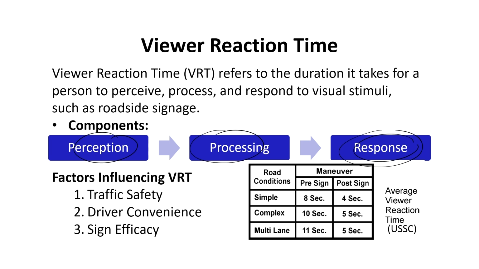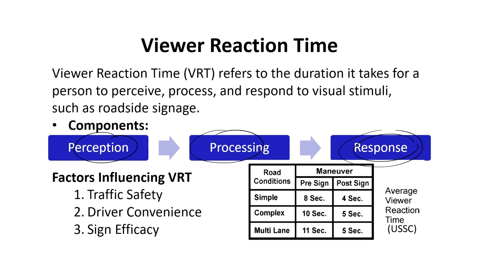For example, if a sign providing directions to a destination is placed immediately before a sharp turn or is obscured by vegetation, the driver may need more time to respond to the sign. Then lastly, the signage efficacy.